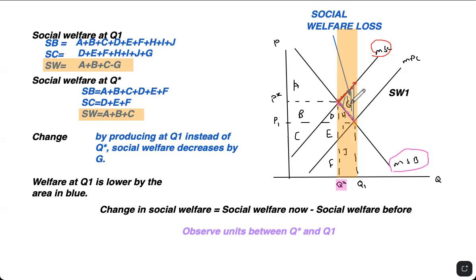Then what you can see is these units have added more cost than benefits, by area G. So these have MSC higher than MSB, and as a result, a welfare loss of G, where G is the difference between all these benefits and all these costs that you experienced for all this quantity.